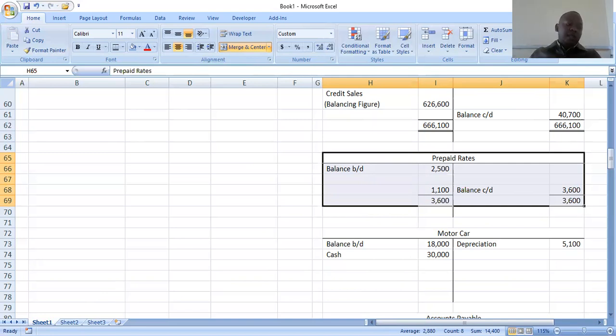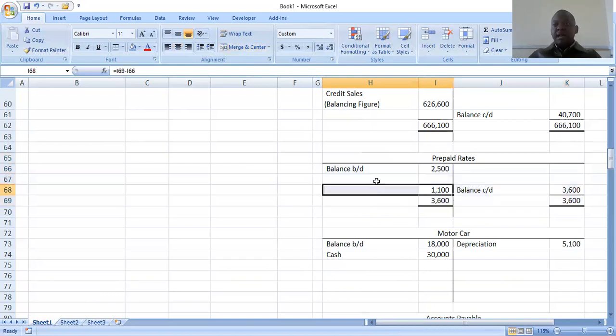So current assets, whenever they increase, we debit. So this debit here signifies an increase in the prepaid rates account. So it means that there was another prepayment of rates during the year. So it should have gone to the prepaid rates account.